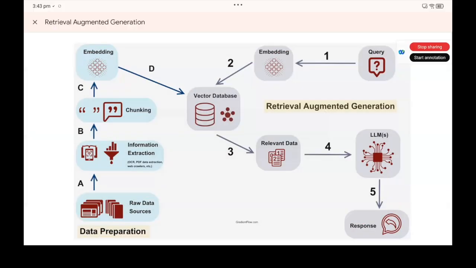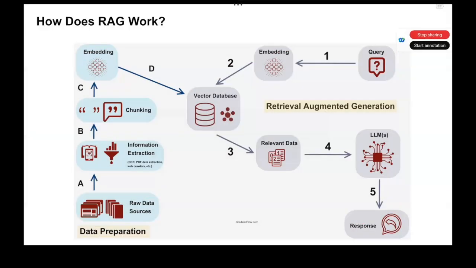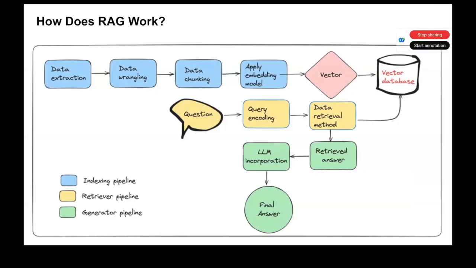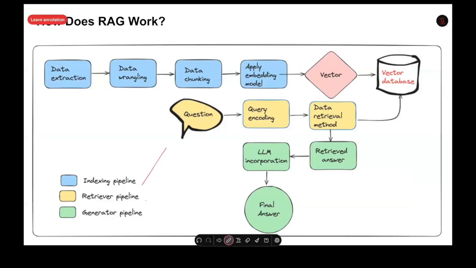So if we go to, yeah, this is much more clear. As you can see, there is an indexing pipeline, there is a retrieval pipeline, there is a generator pipeline. So as I mentioned, there are three steps in RAG. Okay. The color dictates what this step is. So this is the indexing pipeline.